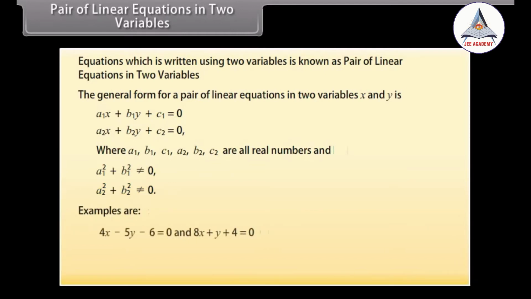Examples are 4x minus 5y minus 6 equals 0 and 8x plus y plus 4 equals 0. x plus y is equal to 12 and 7 is equal to y.